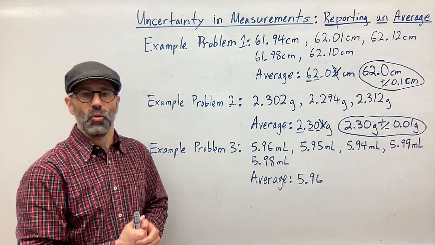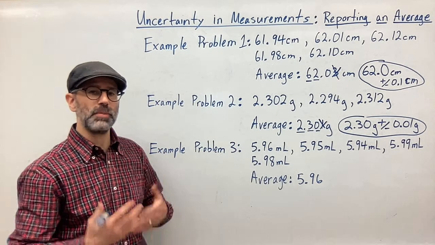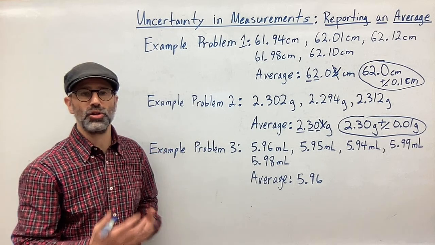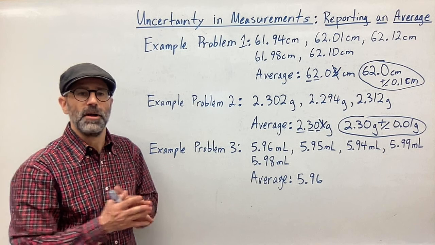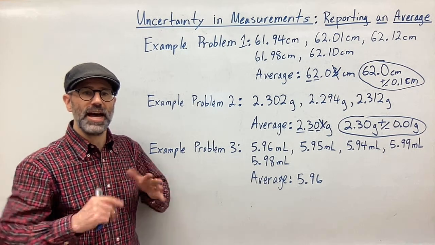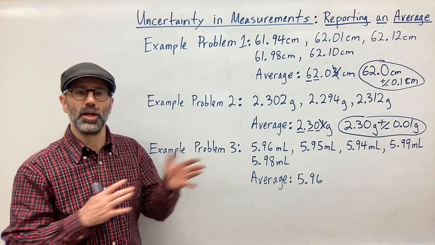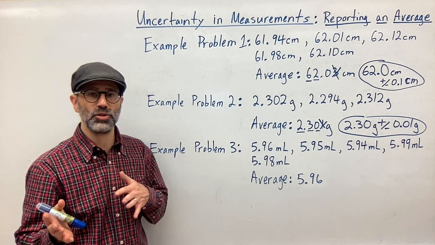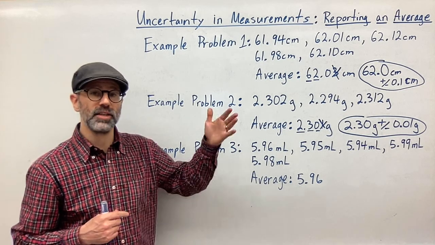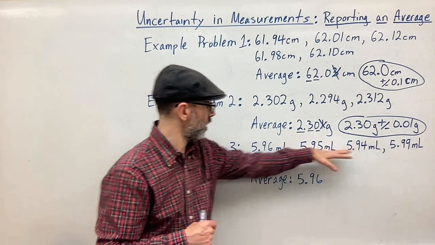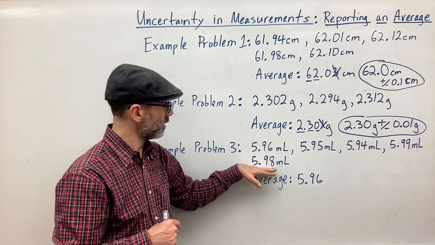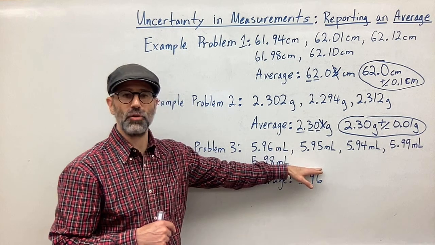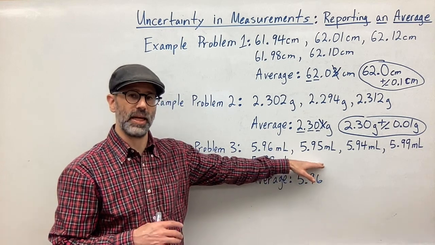Okay, what about this last problem? So this last problem is going to introduce the question, well, what if I have a difference in the plus or minus? Maybe it's not plus or minus 1, but maybe it's plus in my fluctuation of my reading in the values or in my measurements that I'm getting.